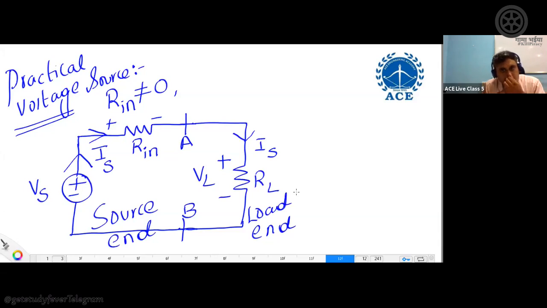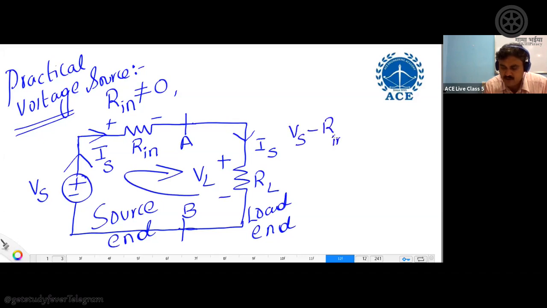Clear? Right. Now, what is your mesh equation? If you write the mesh equation in the clockwise direction, what will be your mesh equation? Same, Vs minus Rin into Is minus RL into Is equal to 0.